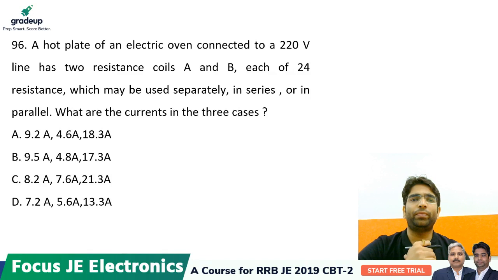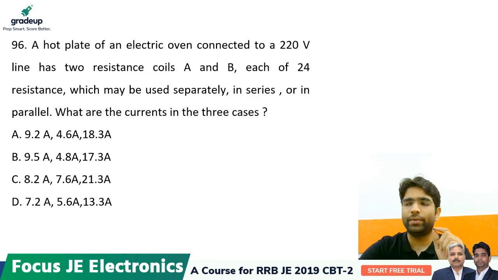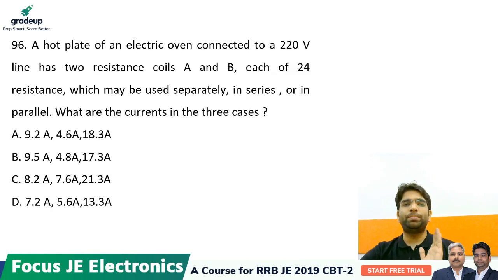A hot plate of an electric oven is connected to a 220 volt line as two coil resistances A and B, each of 24 ohms, which may be separately used. First, go through each and every point of this question. It may be used separately, in series, or in parallel.